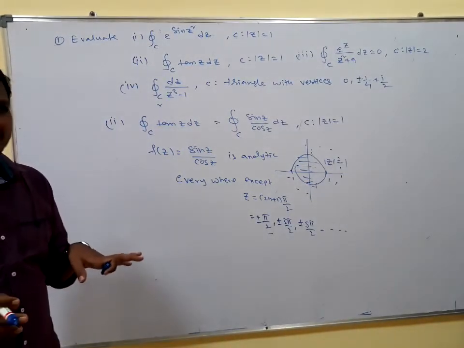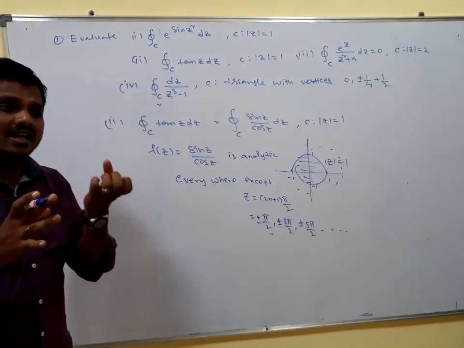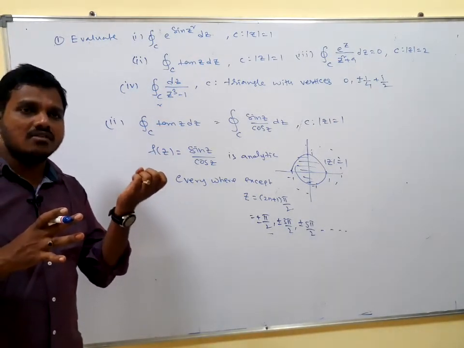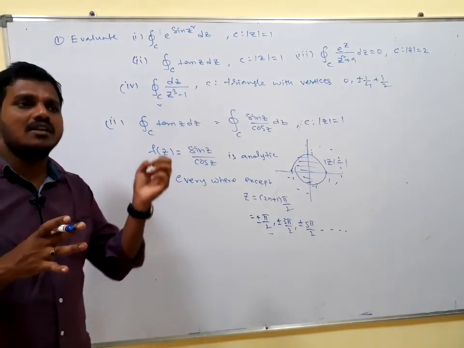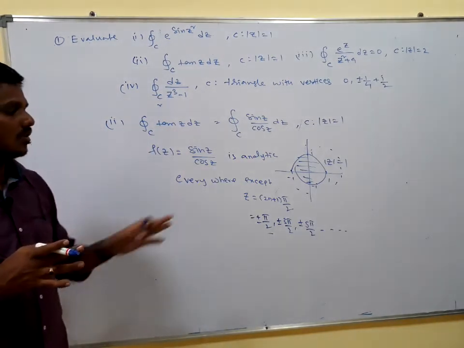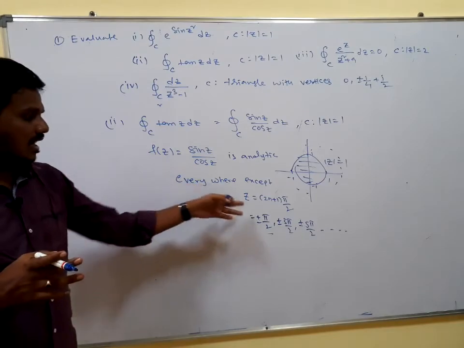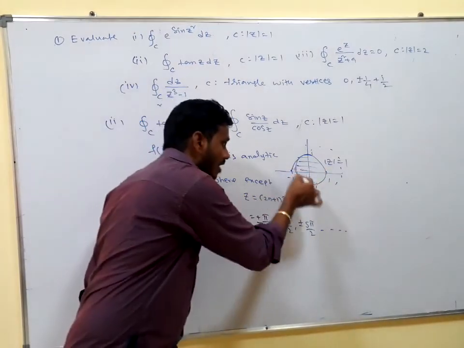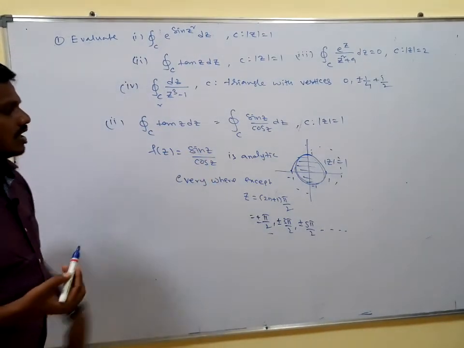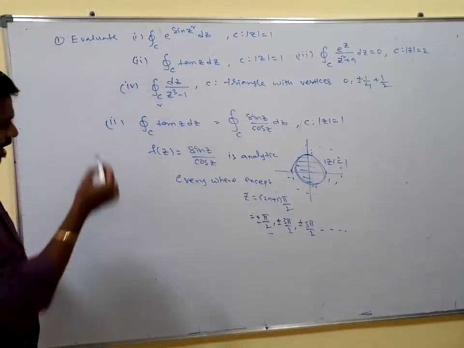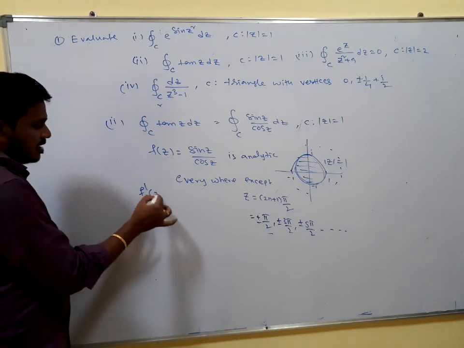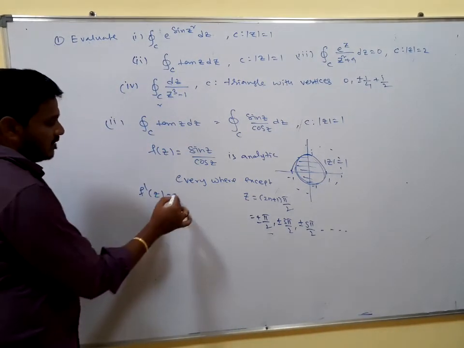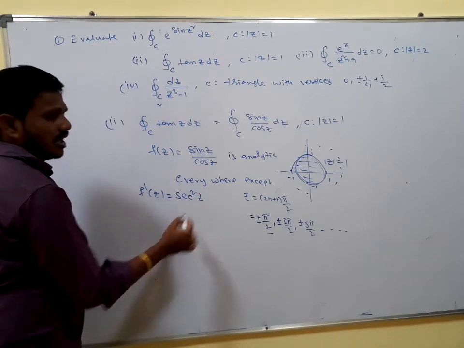By Cauchy's integral theorem, if the function is analytic inside the simply connected domain and f dash of z is continuous inside the simply connected domain, then the integral value is equal to 0. Here, even though it is not analytic for odd multiples of pi by 2, those points are not inside our region. So the integral value is 0. Also, f dash of z, the derivative of tan z, is secant square z, which is 1 by cos square z.